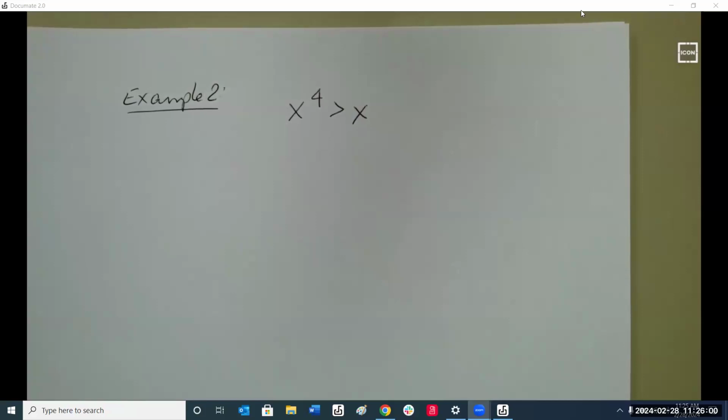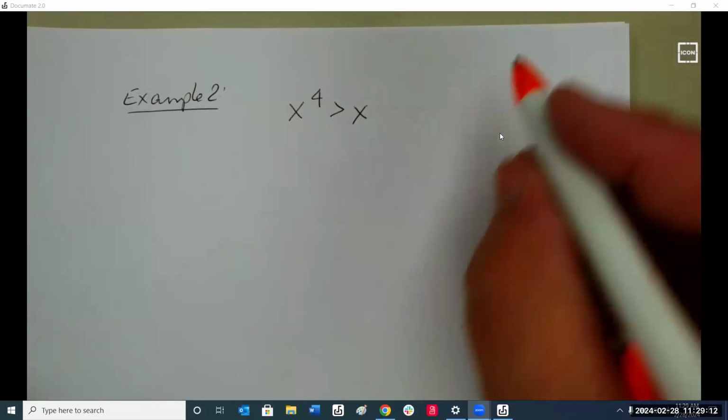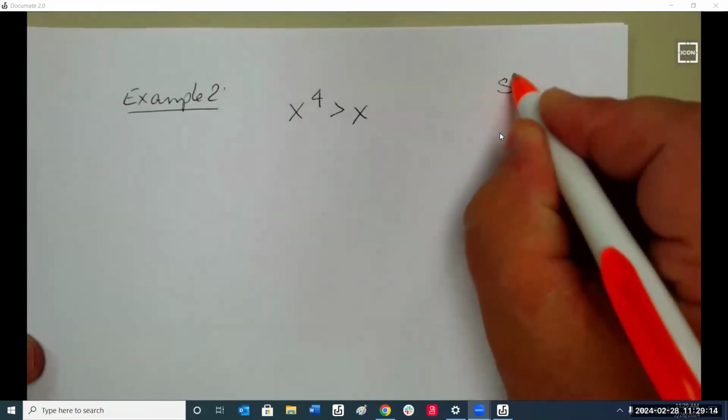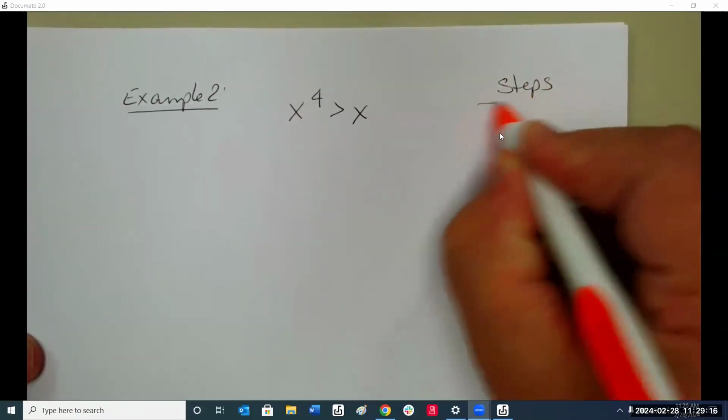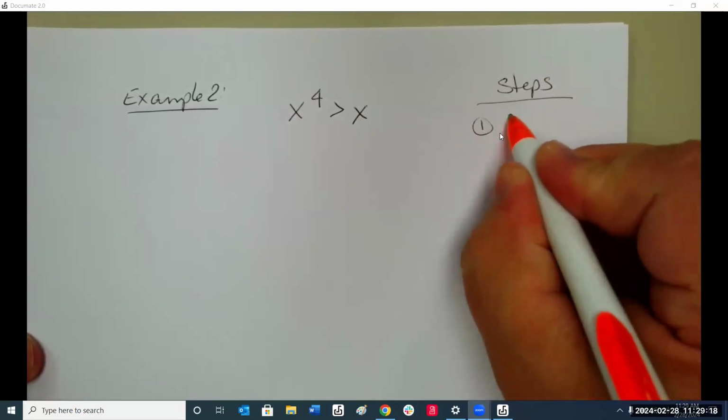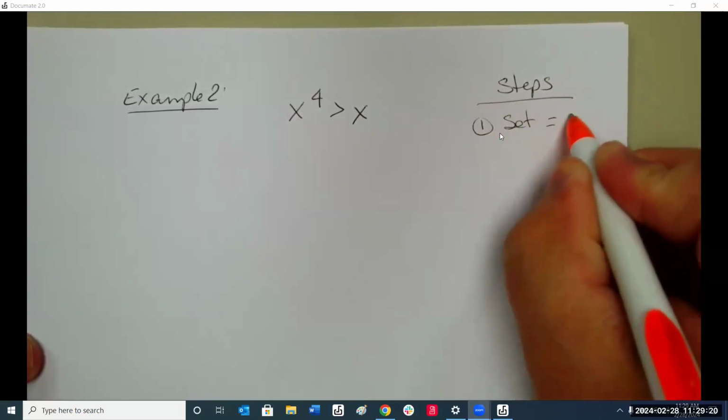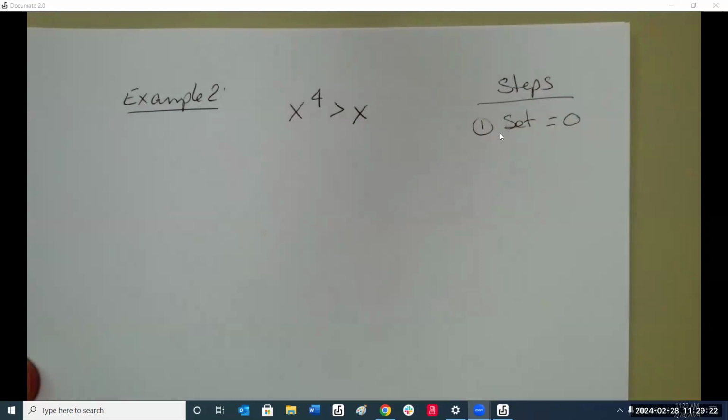I'll give you all a couple of minutes to work on it. Let me put the steps here. It has to be equal to 0. The reason it has to be 0 is because we're looking for the one value that makes it equal to 0. If it's any other number, then you can have any combination of values.